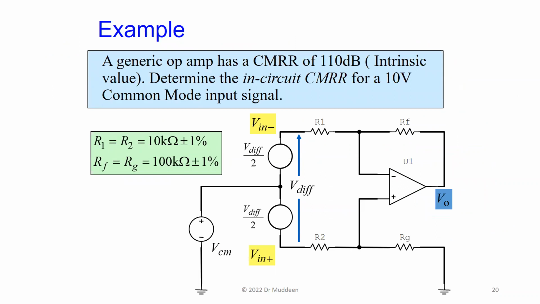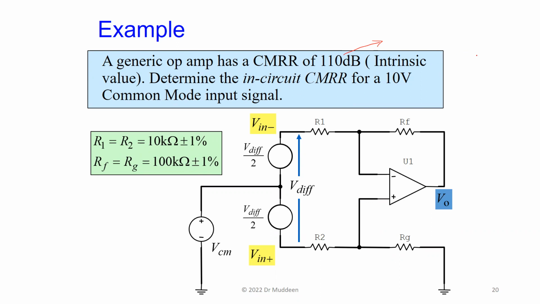You have an op-amp, and the op-amp, as you buy it from the manufacturer, has a common mode rejection ratio of 110 dB, which is not unusual for a good quality op-amp. Better than the run-of-the-mill ones that we have. 110 dB, so that's a huge number. If you want to find out what that really is, convert it from decibels to the real world.